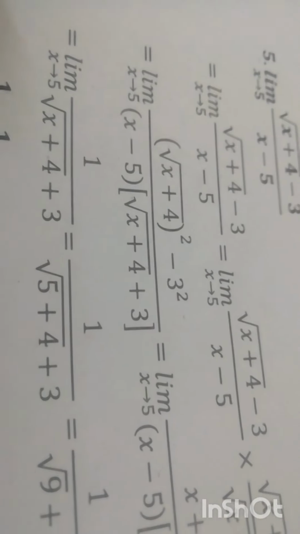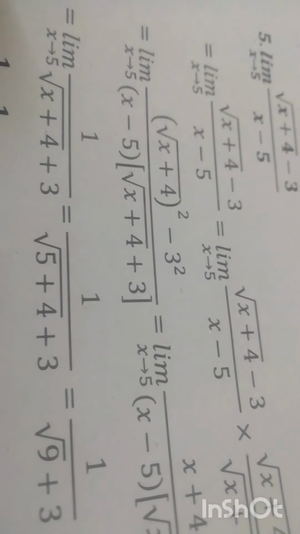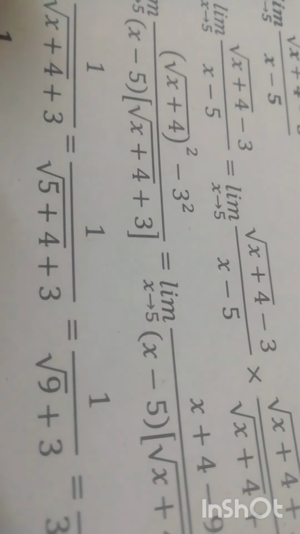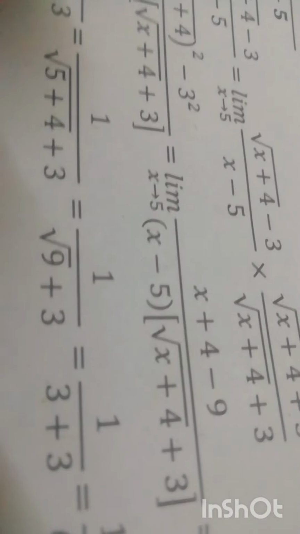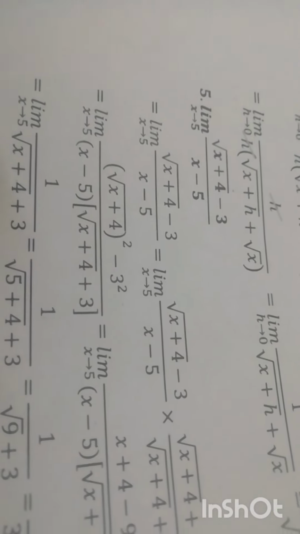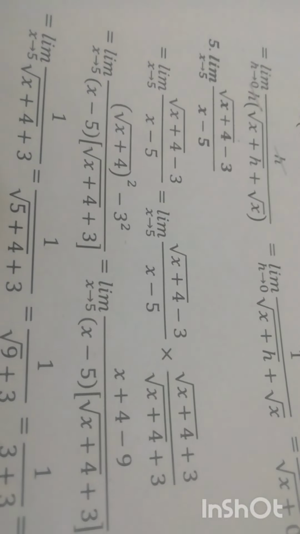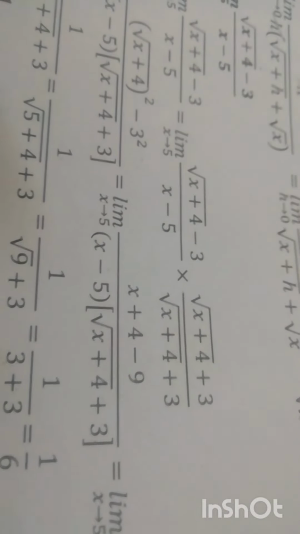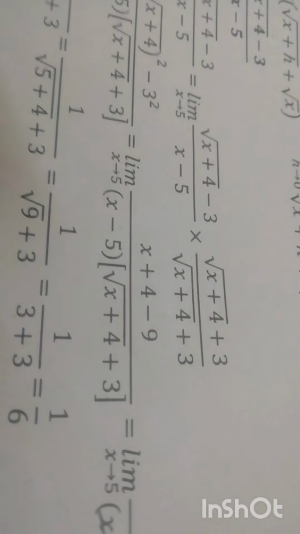Now we can substitute: in root of x plus 4, we put x equal to 5. So root of 5 plus 4, so root 9 is 3, plus 3, so 1 by 6. Okay. Suppose we are given any form like that, take the conjugate. Please see step by step.